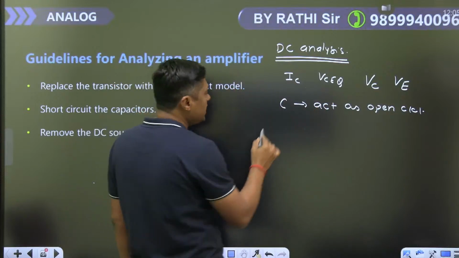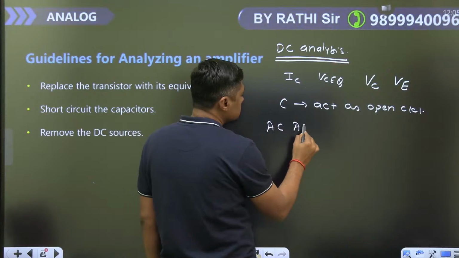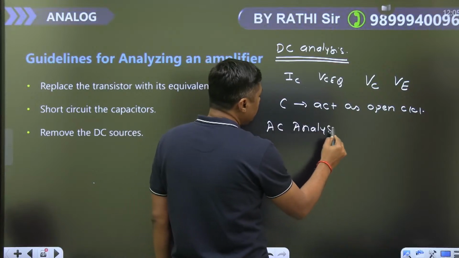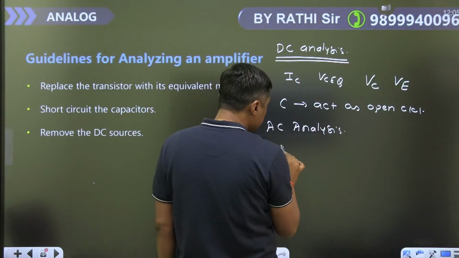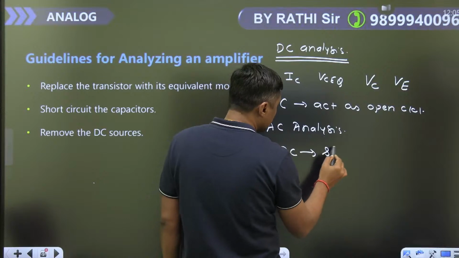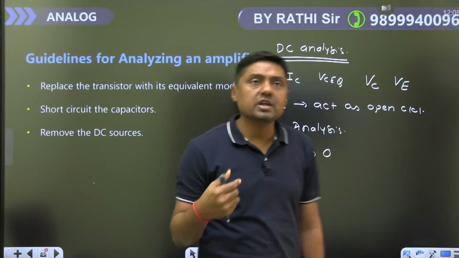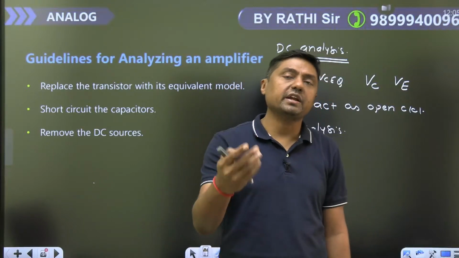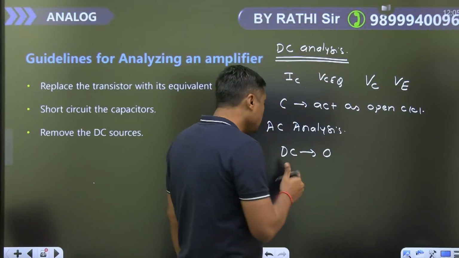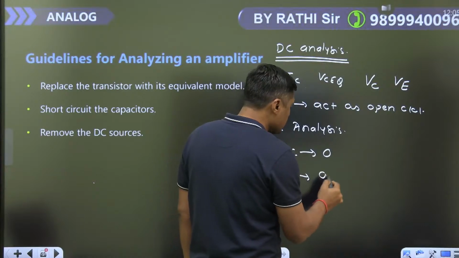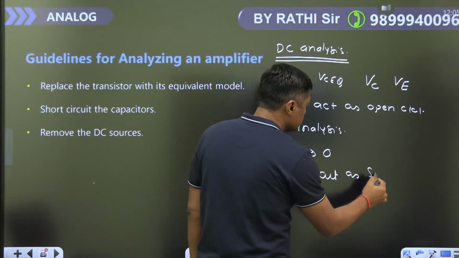What is the AC analysis? During AC analysis, all the DC sources should be zero. For example, if it is a voltage source, it acts as a short circuit; a current source acts as an open circuit. All the capacitors act as what? Short circuit.